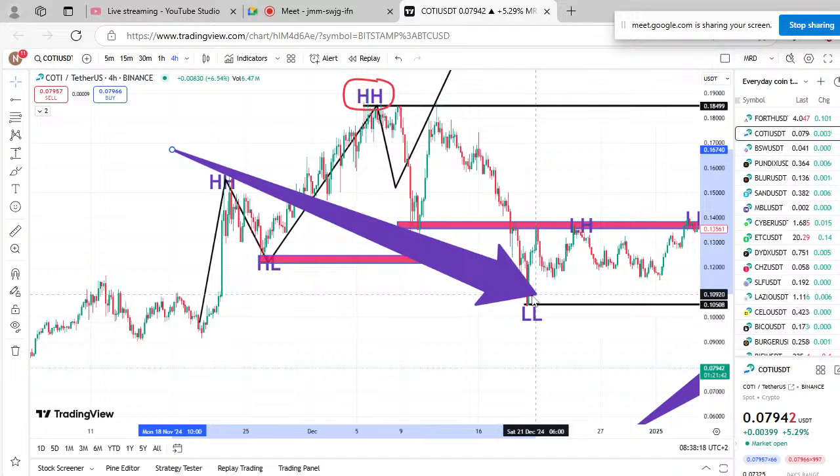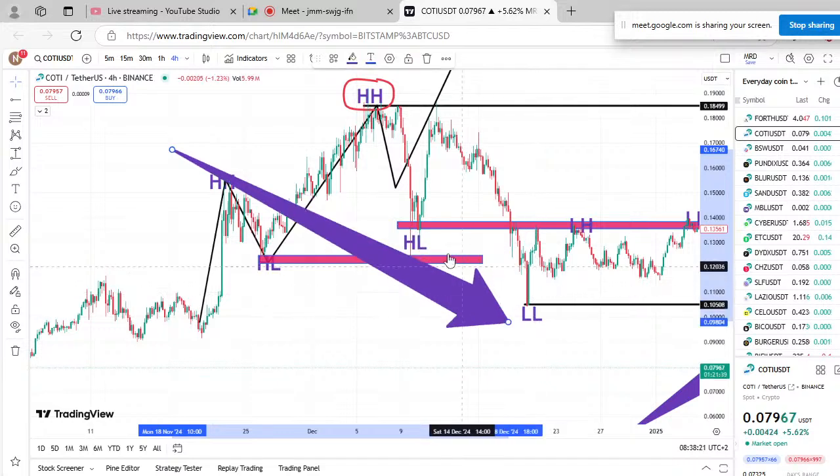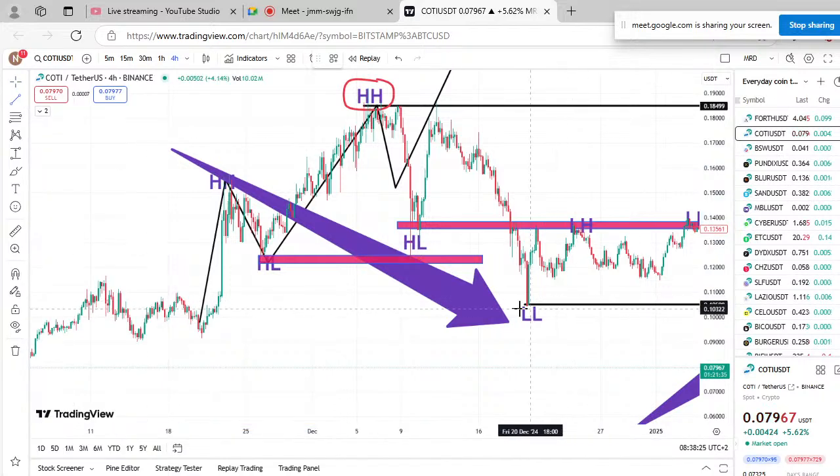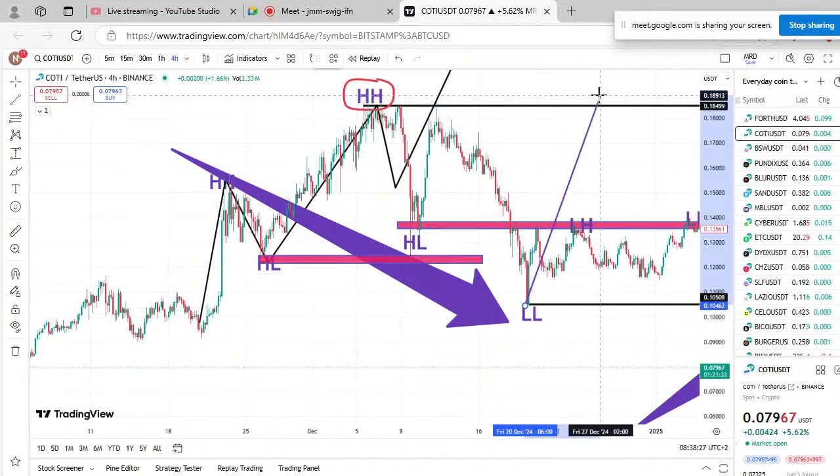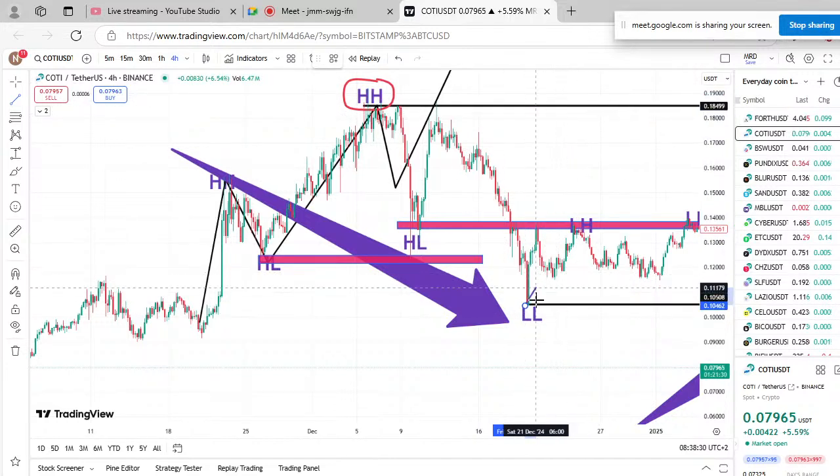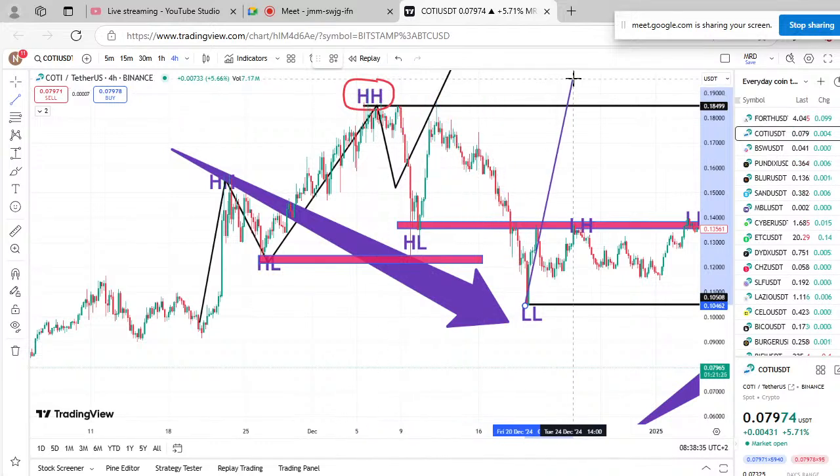Now, by drawing the line, we don't expect this market to move from here, then again back here. No, we don't expect this market to move from the lowest point and again break the higher high. That is not there in the market. Are we getting it? That is not there.